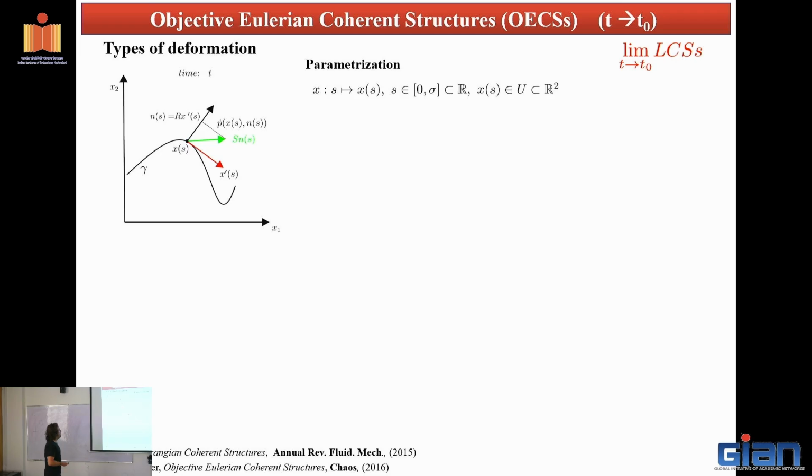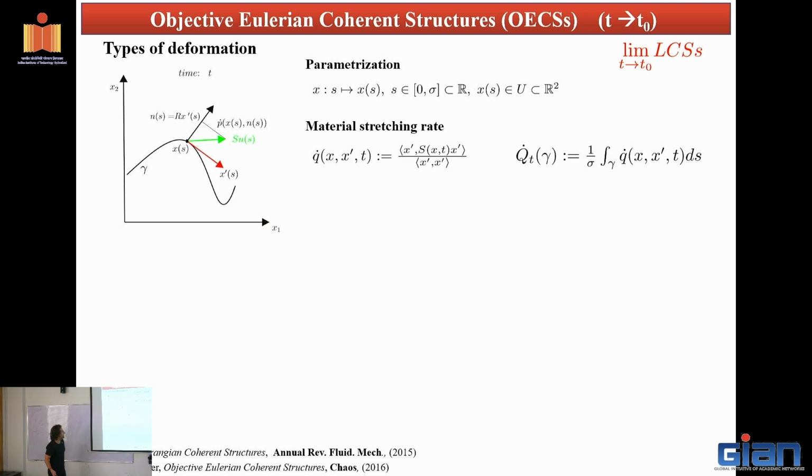This is just to have a coordinate basis that moves with any point on this curve that I have to eventually locate. And now you start defining the interesting quantities that will allow you to define the type of coherent structures that you want.